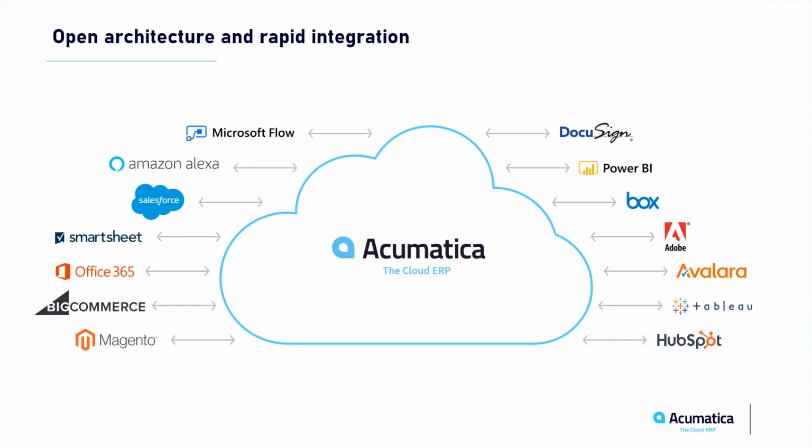We've had clients in trucking that have integrated with a couple of different transportation management solutions, and that list goes on and is quite extensive. That open architecture gives us the foundation to be interconnected as everything is today.